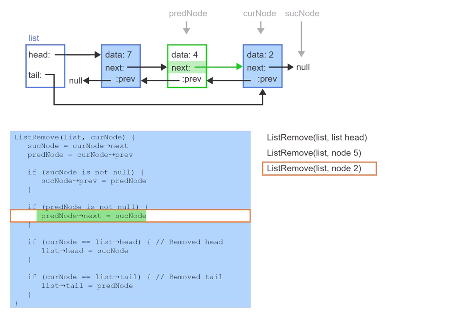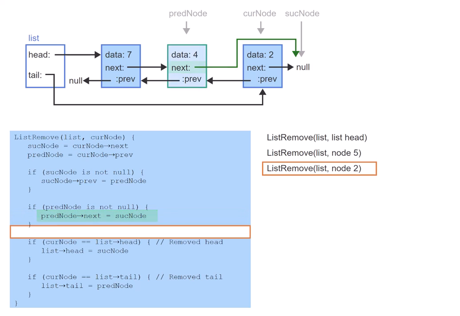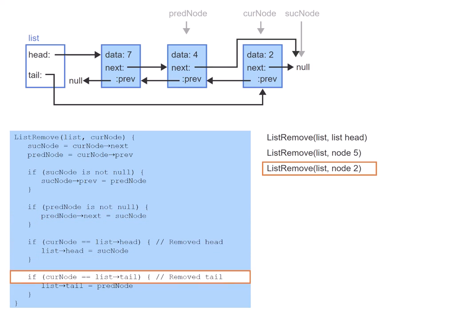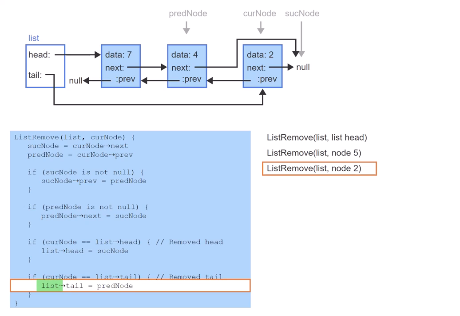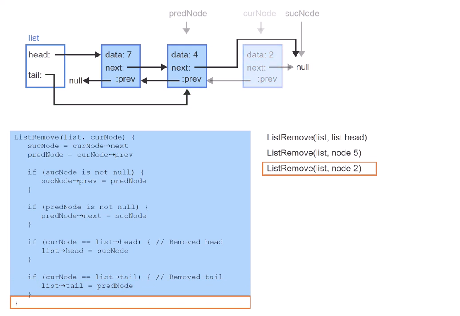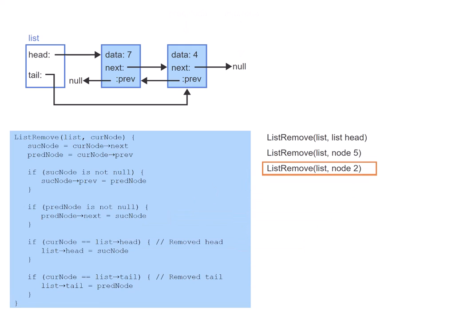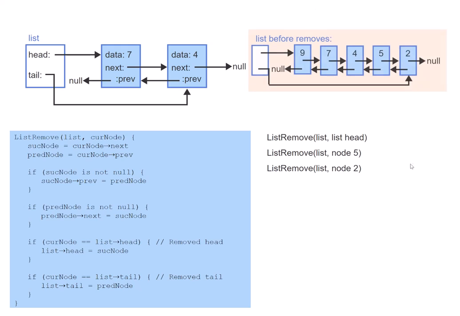Taking next, assigning to null. Then we're assigning the tail to the predecessor. That makes perfect sense. Now all commands are executed.